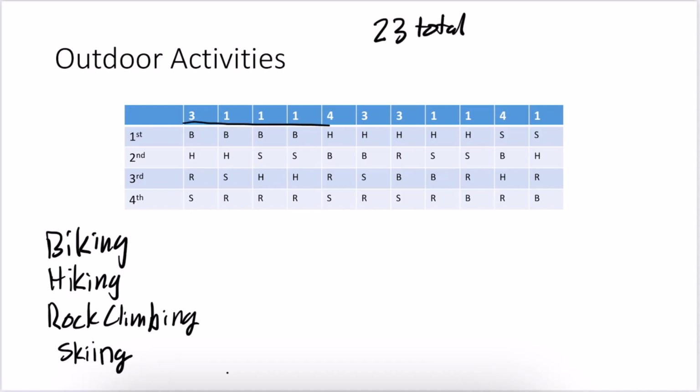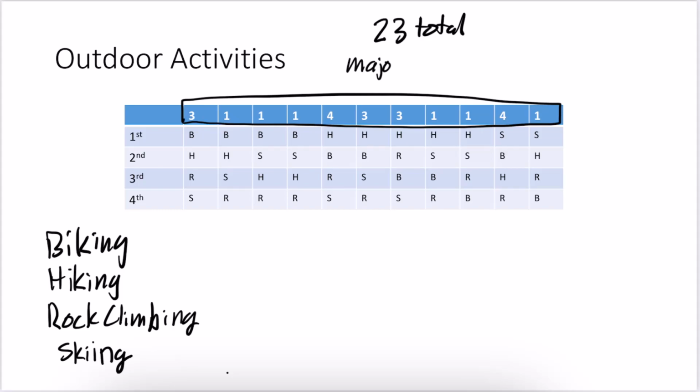And I got that number by adding all of these numbers up to see how many total votes there were altogether. If I divide that in half, again, I get 11.5, which tells me my majority is going to be 12. And so in order to win the instant runoff method, I need to have one of my outdoor activities have a majority of 12 votes.